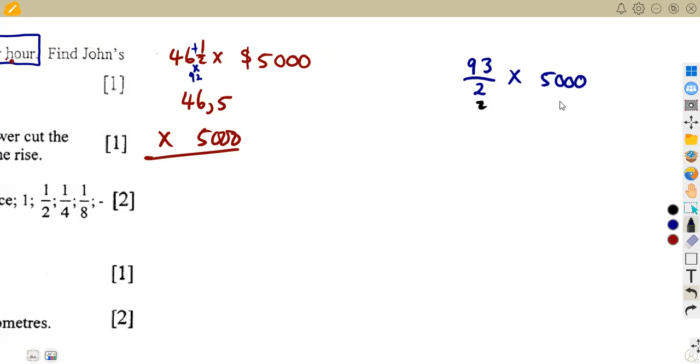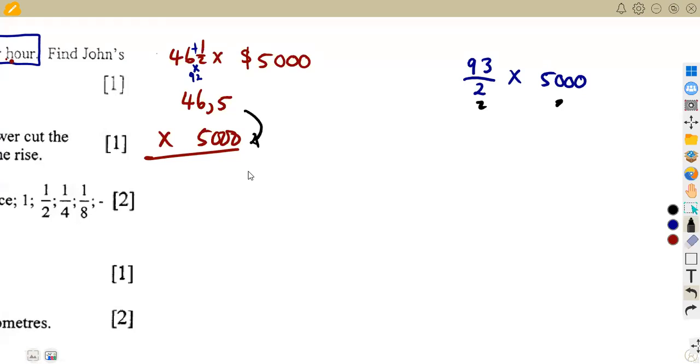So after multiplying this part, what was our final answer? What did you get?